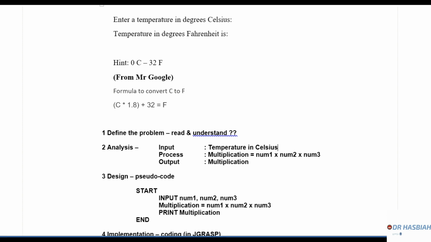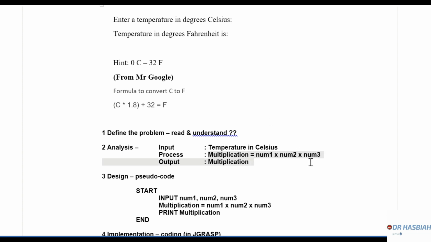Then we have to do the calculation to convert the Celsius to Fahrenheit. So that is the process here. Convert the temperature in Celsius that we have entered to Fahrenheit.